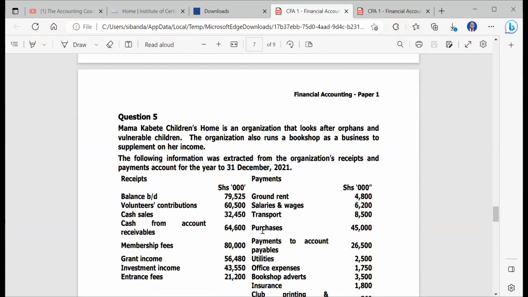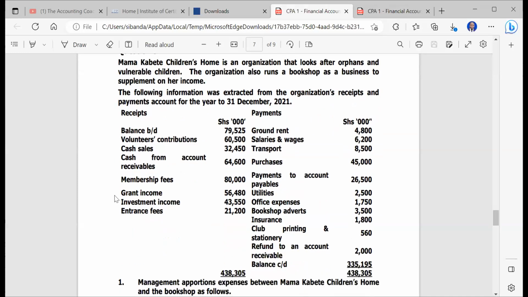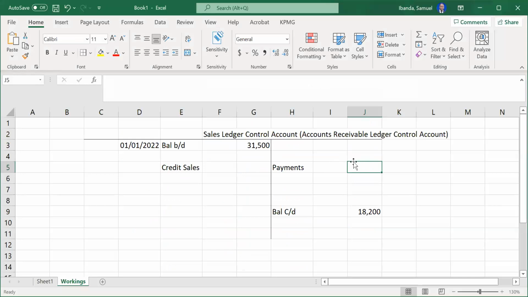So when you come back to our receipts and payments account here, realize that we had cash sales, but also had cash from accounts receivables. Cash from accounts receivables means that the people we demanded previously are now paying us. So it means that this value is actually going to come here. Is that right? For those that are following?